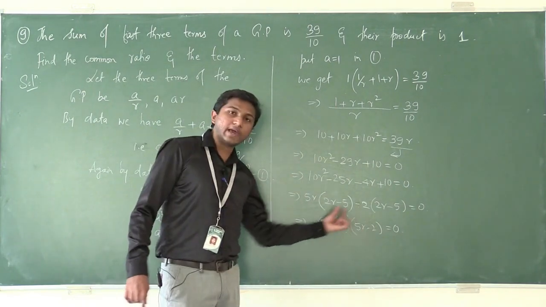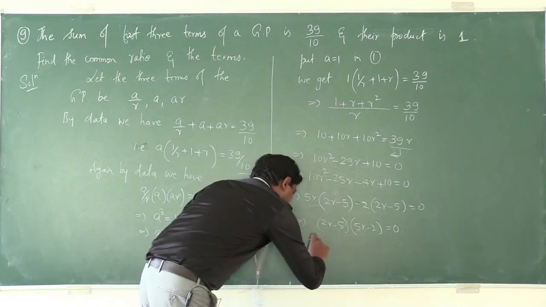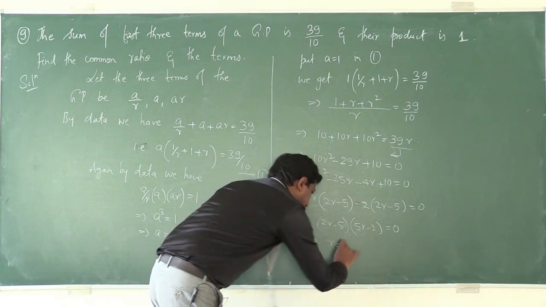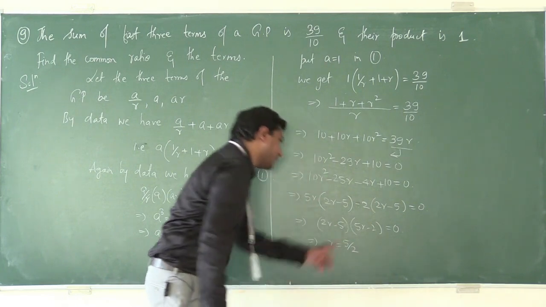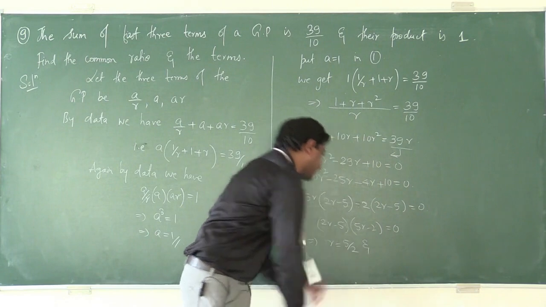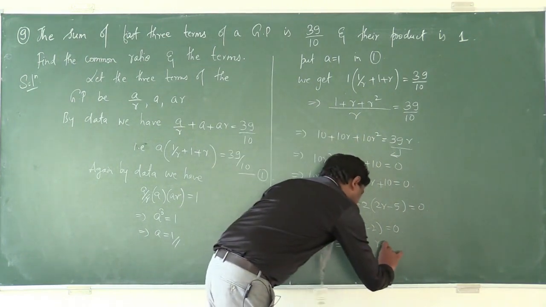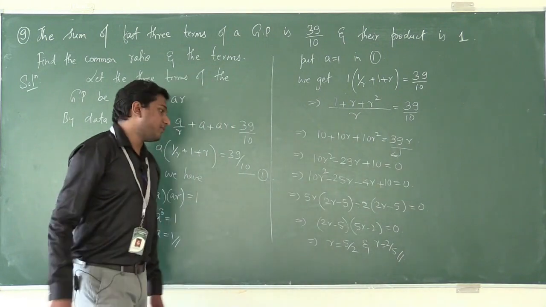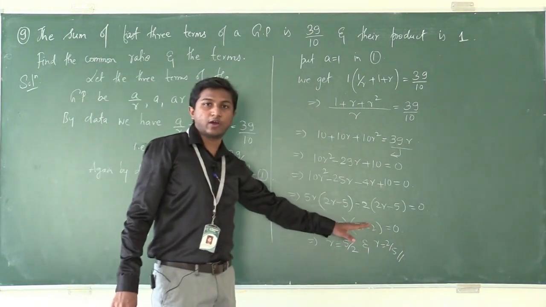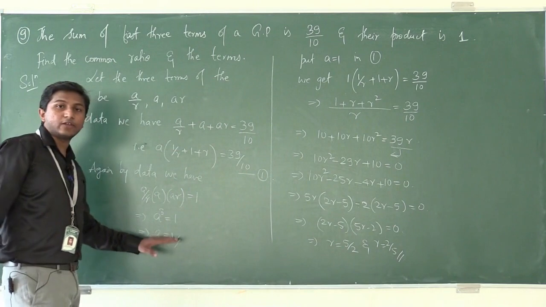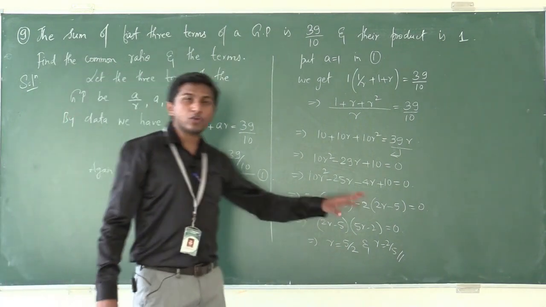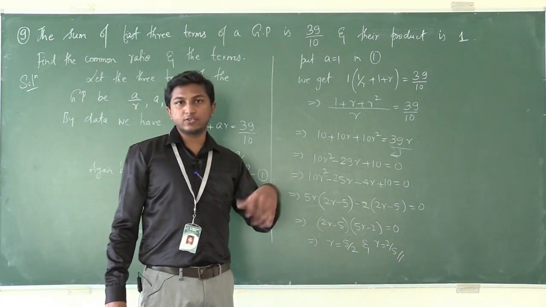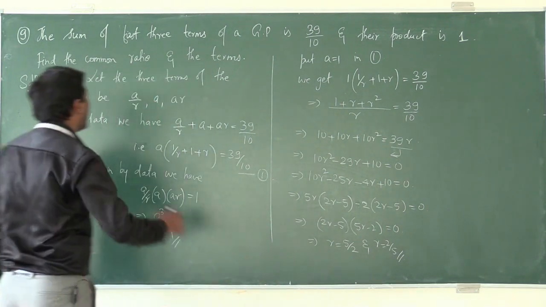So what are the two values of R? R is plus 5 by 2, and the other value of R is plus 2 by 5. So we found two values for R and one value for A. Hence we are going to get two different GPs. We will find that out now.